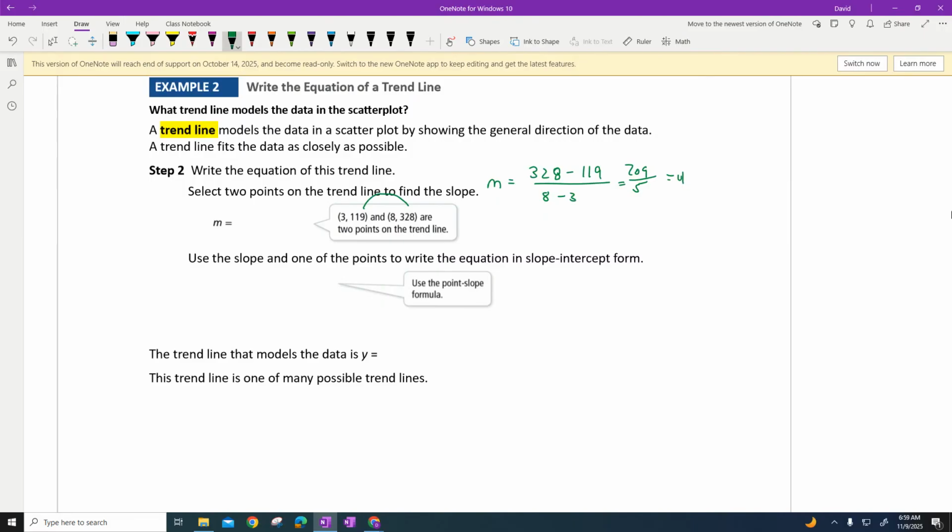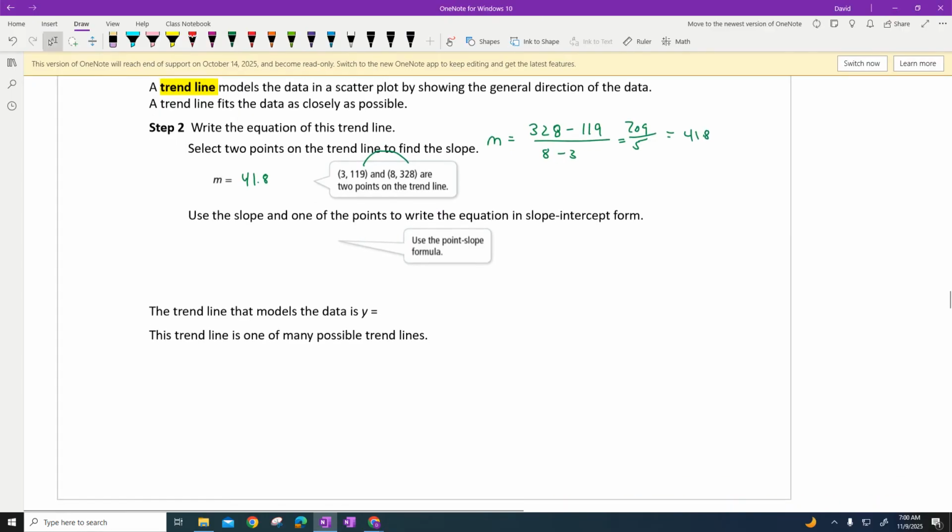I'm getting 41.8. Let me write that a little bit clearer. I want to write it clear over there anyhow. So my slope is 41.8 for that guy. Yep, it's decimals now.